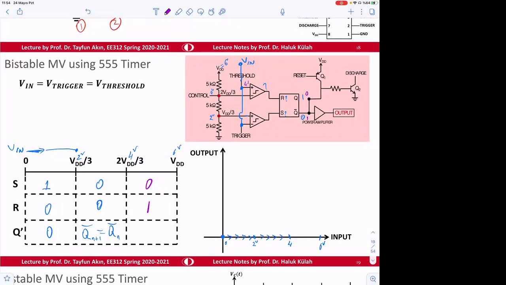If it becomes high, the amplifier output will give us a high voltage. So this high output is going to be maybe VCC, okay? So this will be VCC, this will be VCC. So output switches to VDD, sorry.